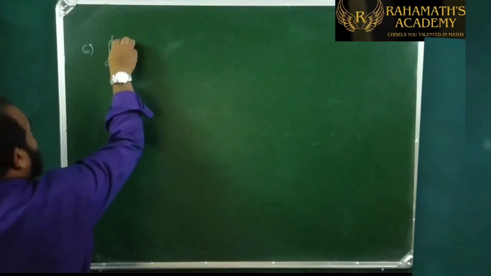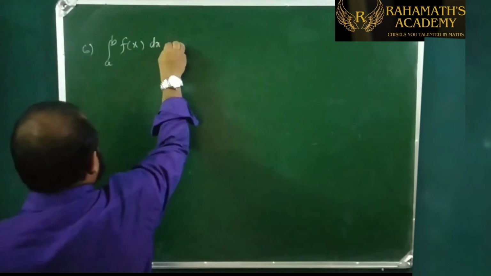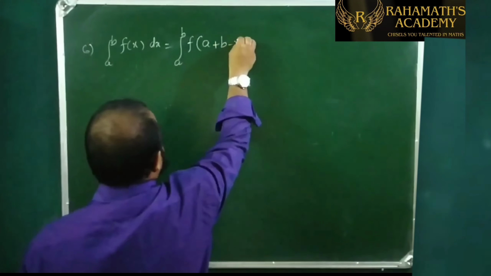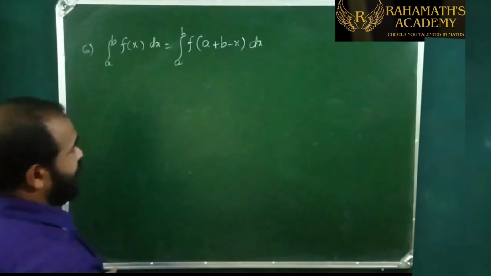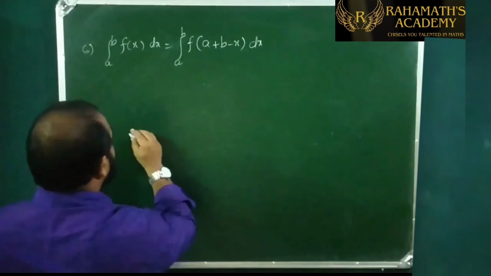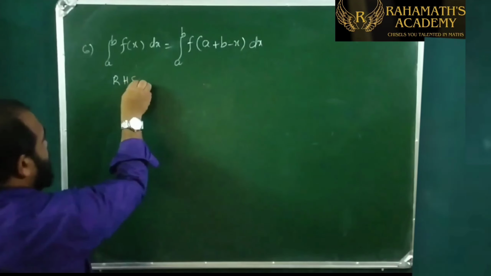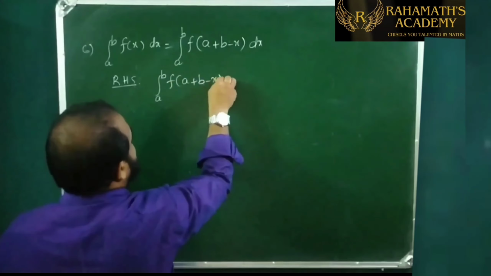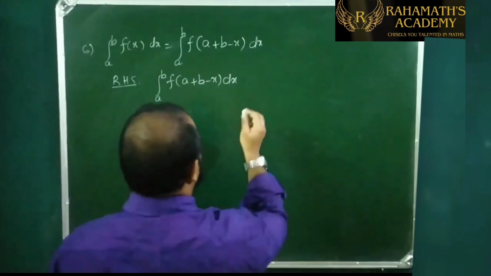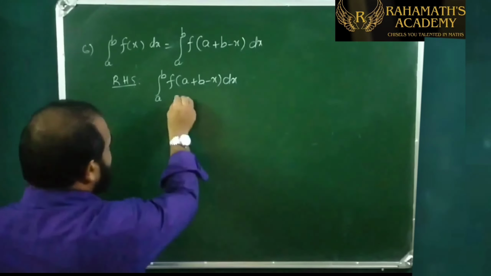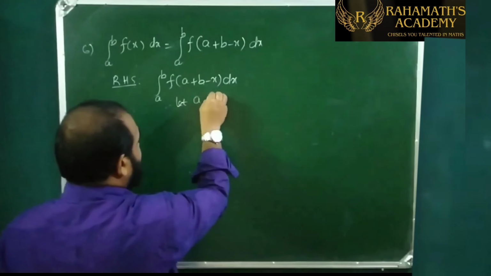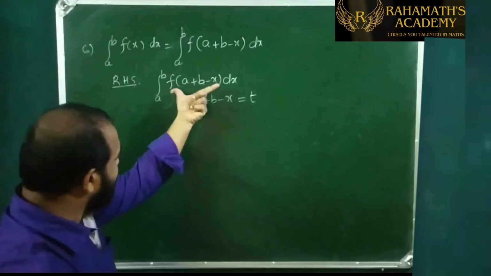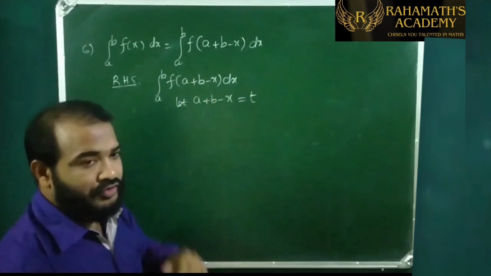Integral a to b f of x dx is equal to integral a to b f of a plus b minus x dx. As usual, let us consider the RHS. So integral a to b f of a plus b minus x dx is equal to. This I have considered. I have taken a plus b minus x to be t. I am replacing this with t.